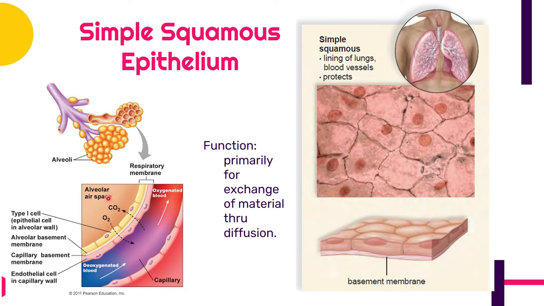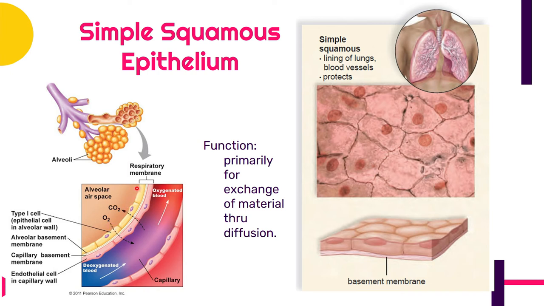Once it is in the air sacs, the carbon dioxide or CO2 can now be expelled out of the body by breathing out. Okay? So, the alveolar space or air sacs and the capillary are made up of simple squamous epithelium so the diffusion of gases is easier.